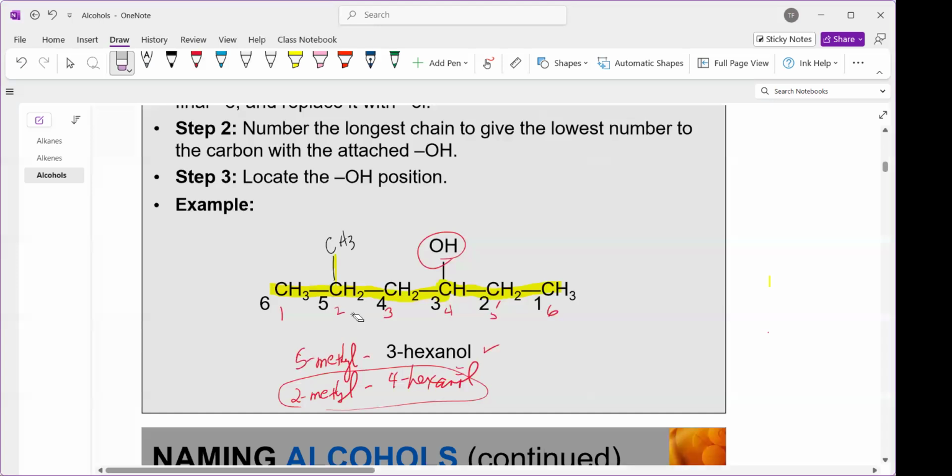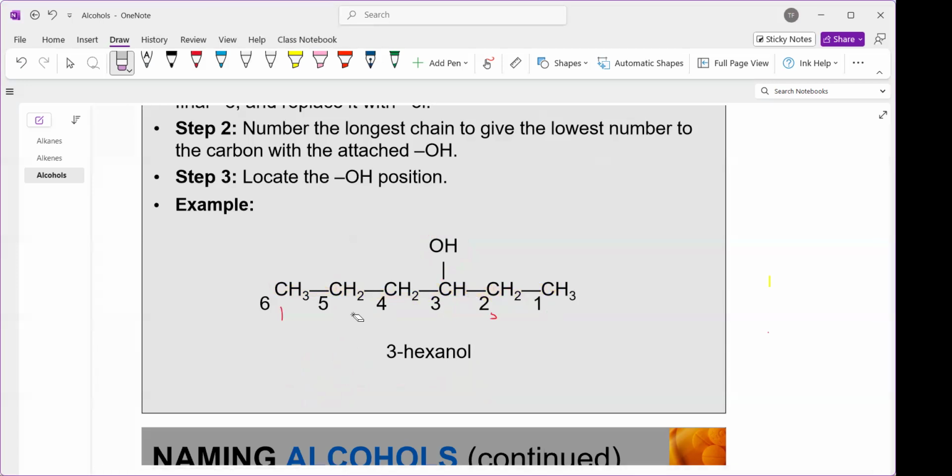Okay, so naming alcohols is pretty much like naming an alkene. Step one, like always, the carbon backbone that includes the functional group.